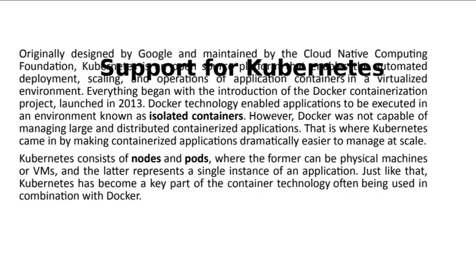Docker technology has enabled easy to build, deploy and run application images. Docker consists of Docker engine, which powers Docker containers. We said that Kubernetes includes what? Nodes and pods. Docker has only Docker engine.